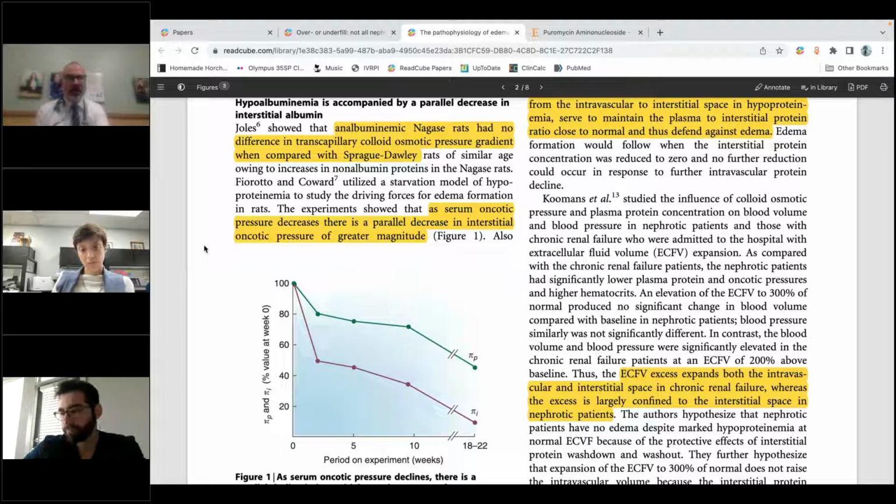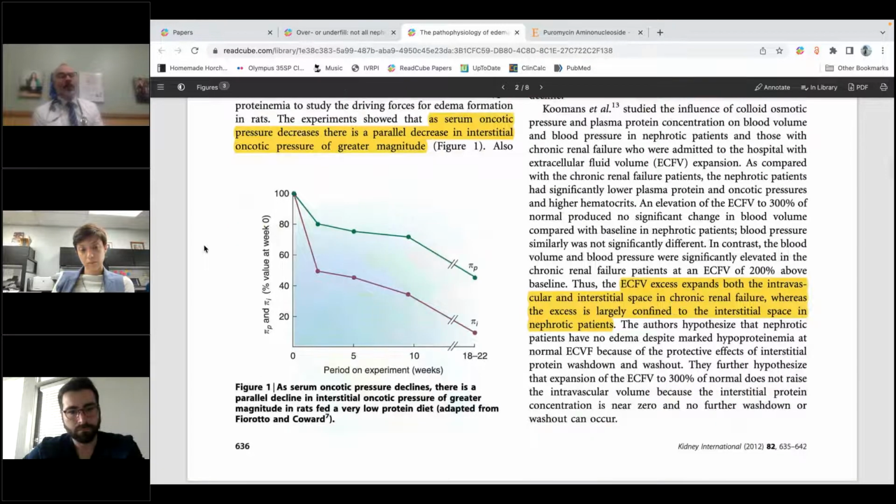And in fact, as figure 1 shows, as time went on after a model of injury, and I think this was a protein starvation model where these rats were not given protein at all, they had decreases in their plasma oncotic pressure, which is this top graph here, but that was mirrored by, and in fact, a greater decrease in their interstitial oncotic pressure.